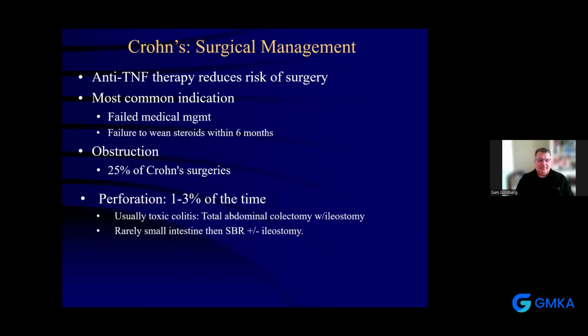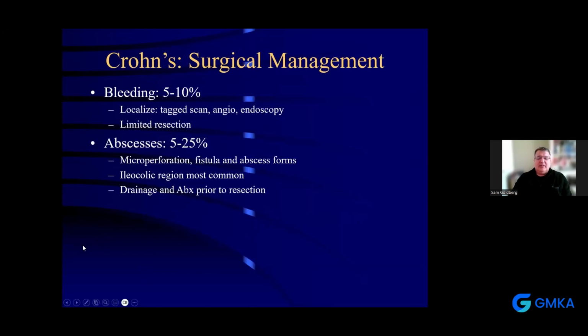Okay, so bleeding is only 5 to 10% of the time that we operate for Crohn's. And typically, if somebody's bleeding and they have Crohn's disease, you would do the same thing as you would do in a GI bleed. You would do a tagged red blood scan, angiography, CT angiography, or endoscopy, because they might not be bleeding from the Crohn's.